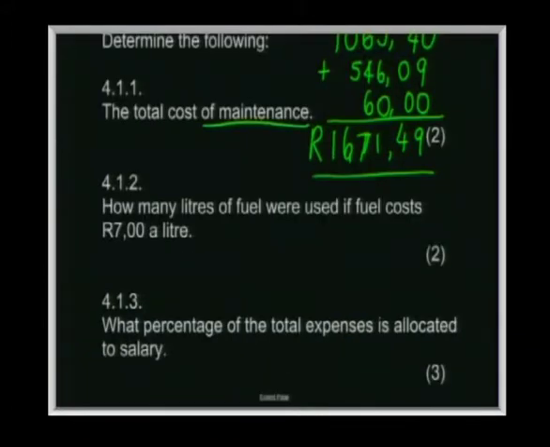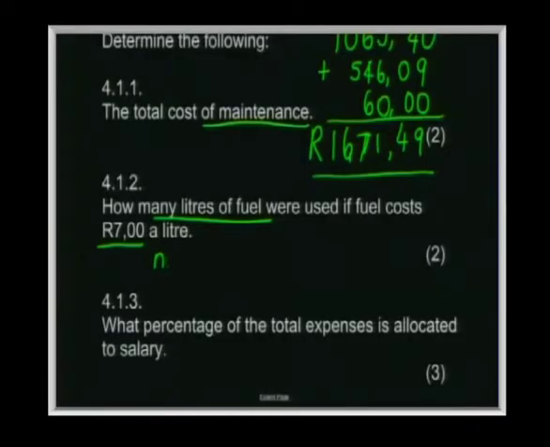The next question, 4.1.2, is how many litres of fuel were used if fuel costs 7 rand a litre? The best way of doing that is to take the total amount spent on fuel and divide it by the cost of the fuel. So the number of litres is going to be the total cost divided by cost per litre.